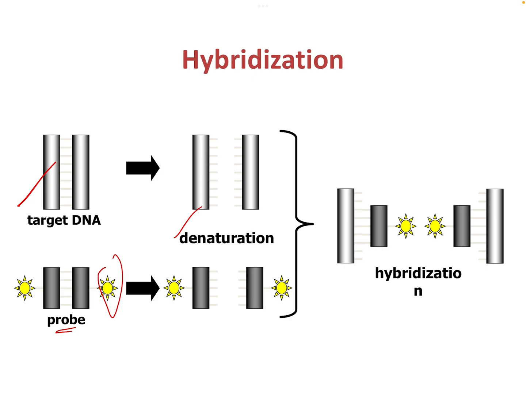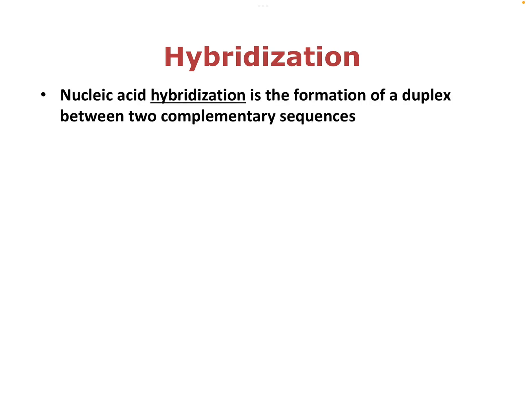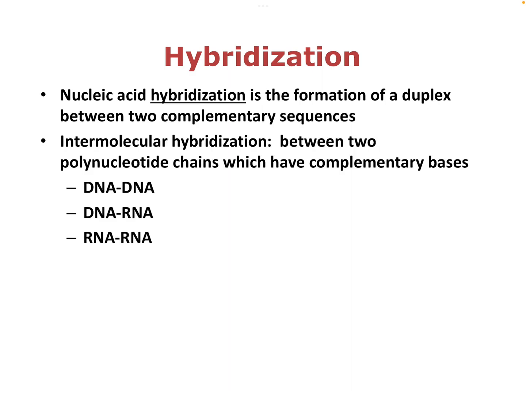So binding of the probe to that of the target DNA. So, nucleic acid hybridization is the formation of a duplex between two complementary sequences. So, it can be DNA to DNA, RNA to DNA, or RNA to RNA.